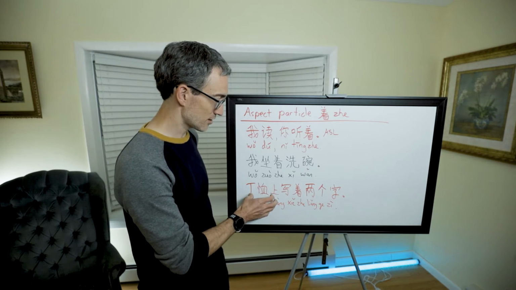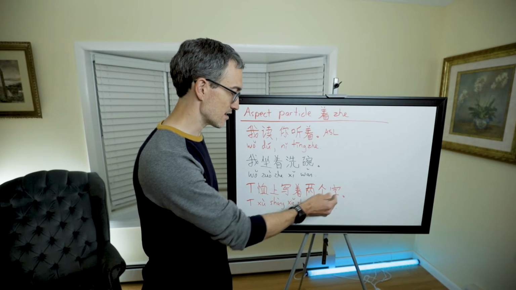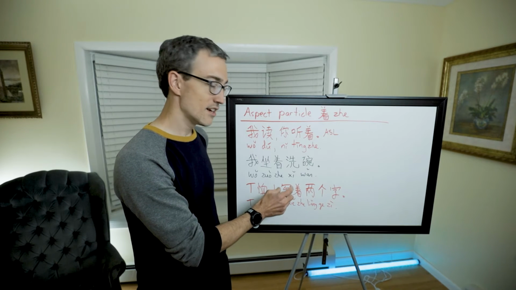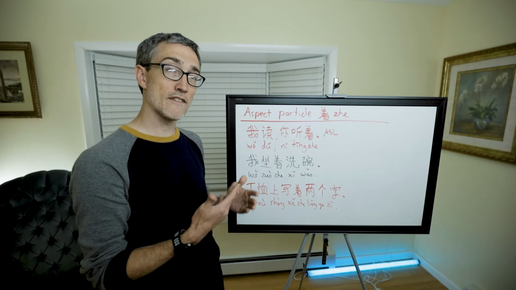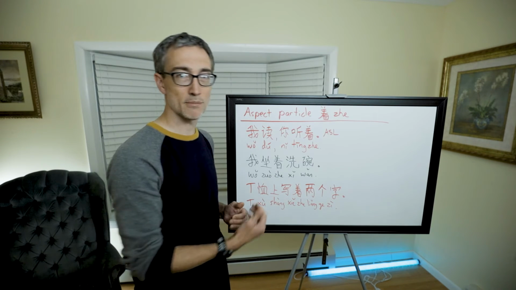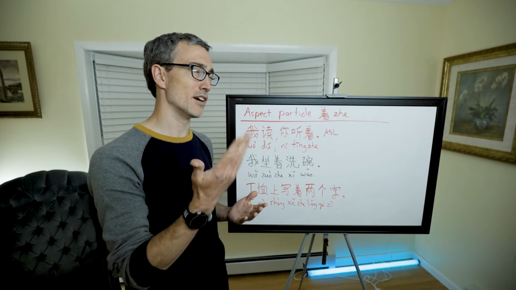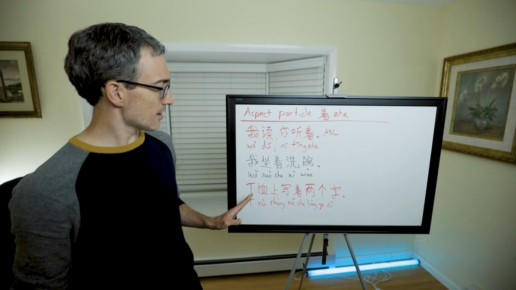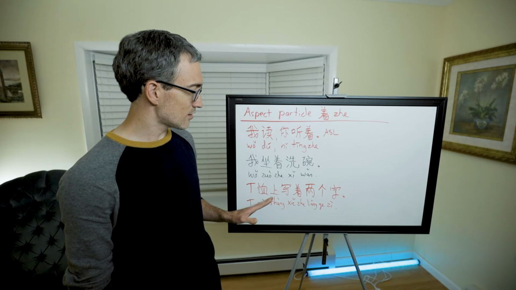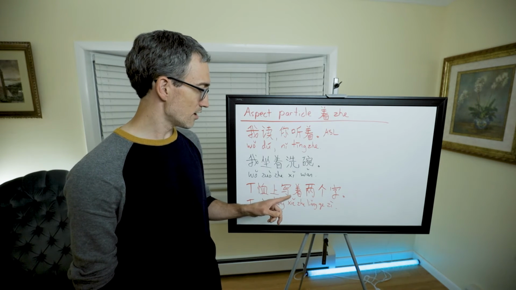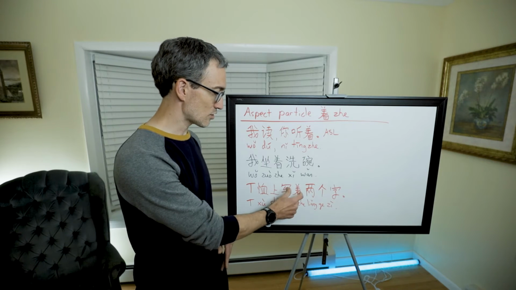So here's the shirt, 写着两个字. This is another way to say a location phrase with a little extra information, saying that it's written. Anyway, that is a way we can use 着 to talk about location attached to a certain verb.